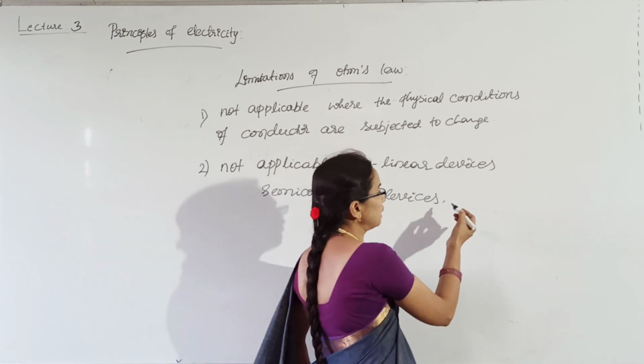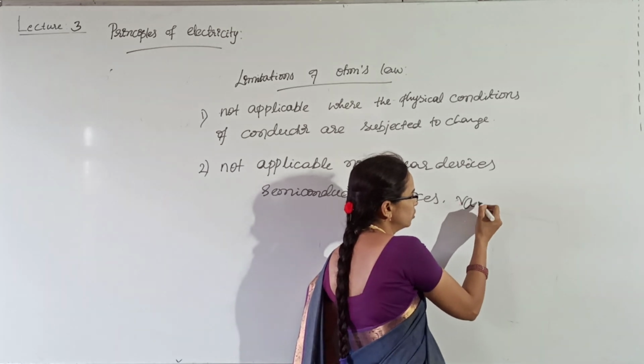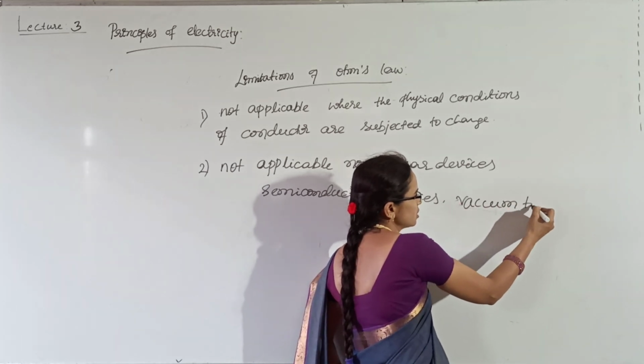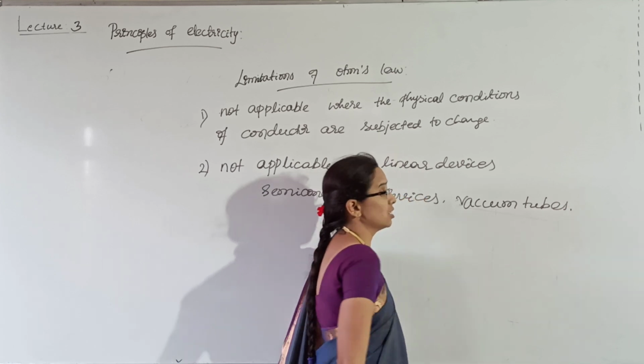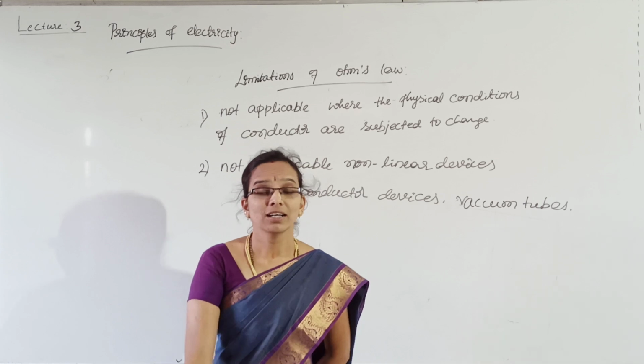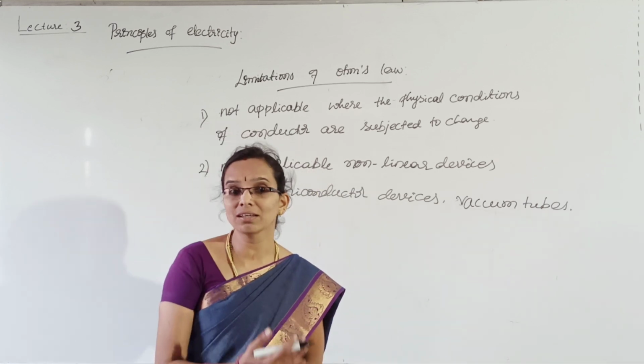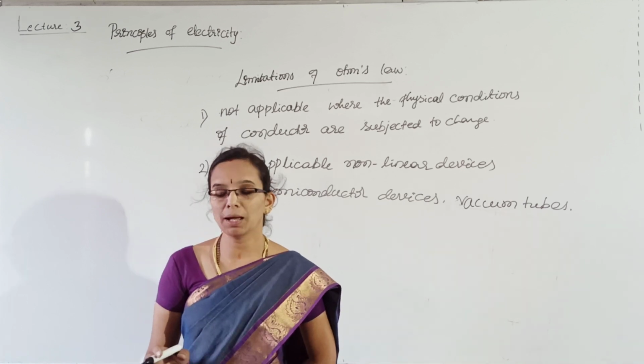And also in the case of electron tubes, that is vacuum tubes, which are rarely used nowadays. Also in discharge tubes, such as CFL bulbs, tube lights, gas-filled bulbs, or in some electrolytic operations, Ohm's law will not be applicable.